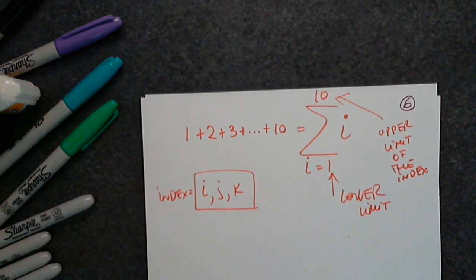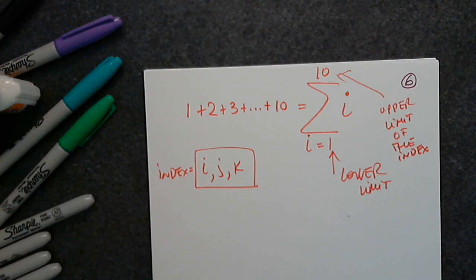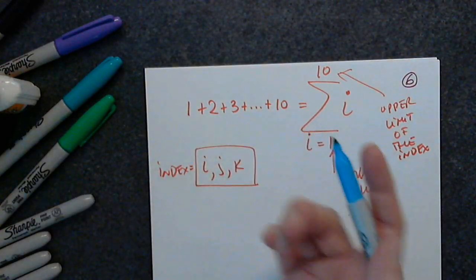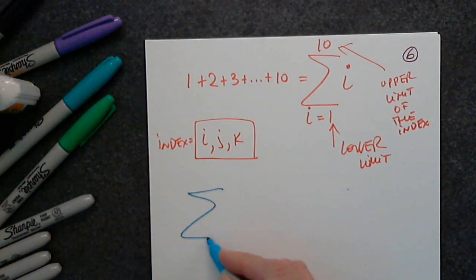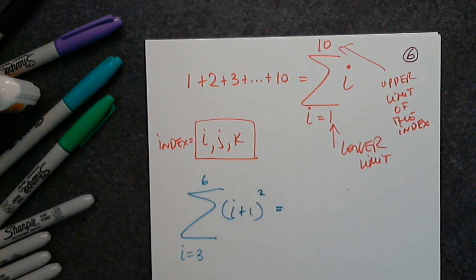Now I'm going to give you the sigma notation for something, and I would like you to expand it and tell me what this is. So I'm going to say the sum from I equals 3 to 6 of I plus 1 squared.